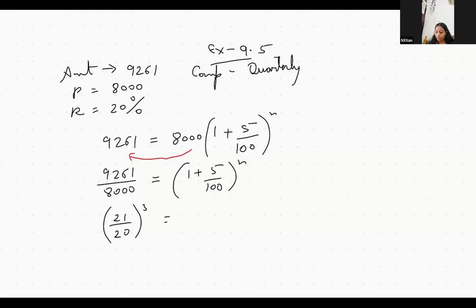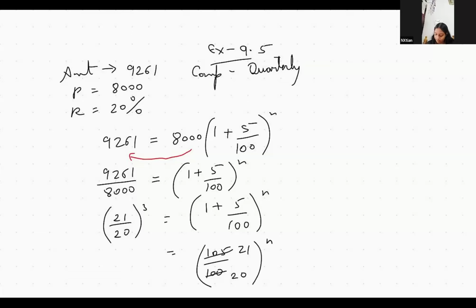So 1 plus 5 by 100 to the power n. Now 1 plus 5 by 100 reduces to 105 by 100, which can be reduced more to 21 by 20, cutting with 5.